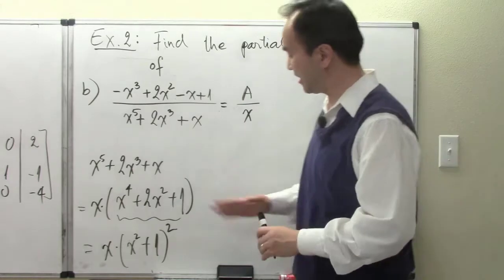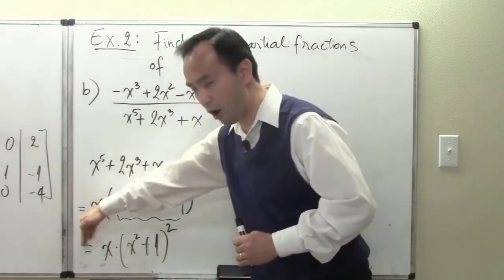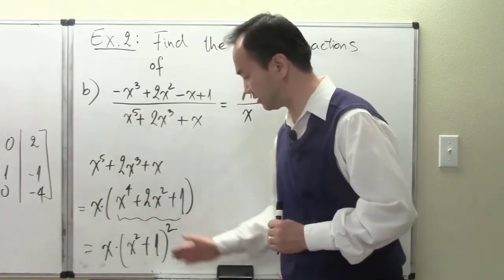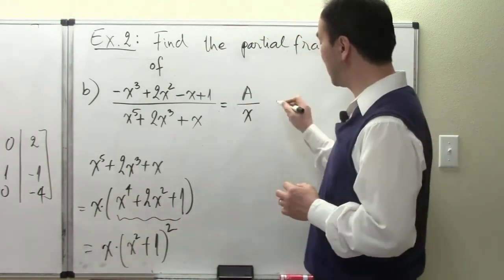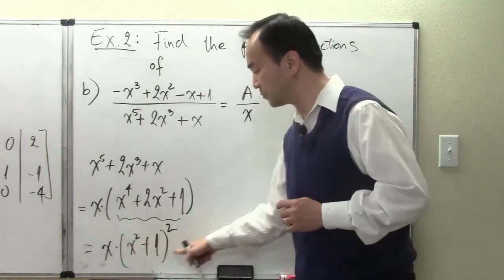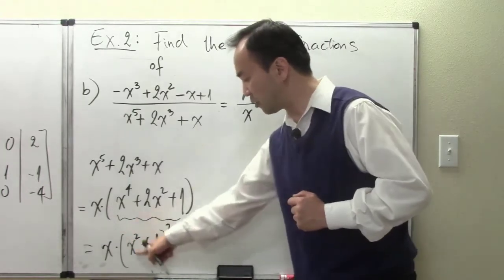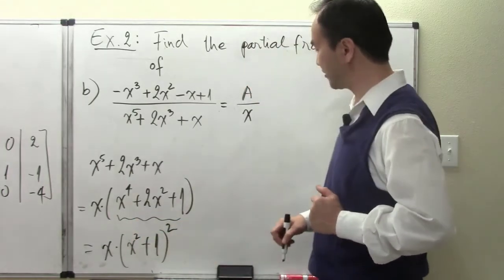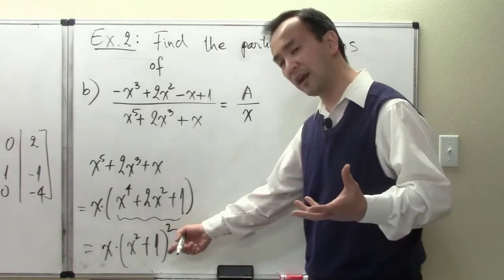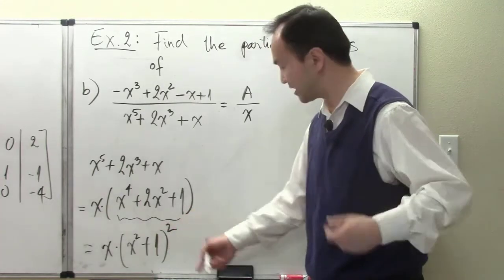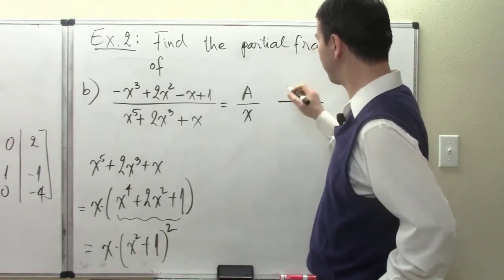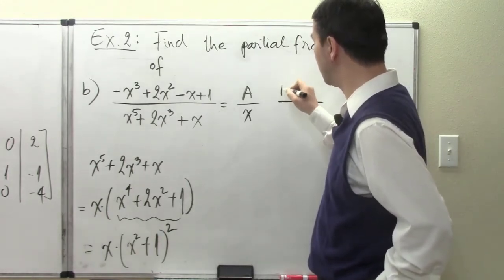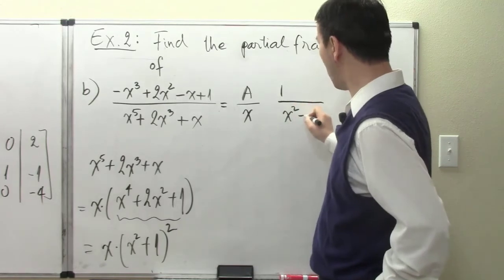But now, and that's everything we need for all of the linear factors that are being involved in this final factor product. But now, when we're starting to step over to all of the irreducible quadratic factors, then, well, x squared plus 1 is the only quadratic factor, but it's repeated. So now I'm going to need one term. I'm going to need one little fraction for the x squared plus 1.